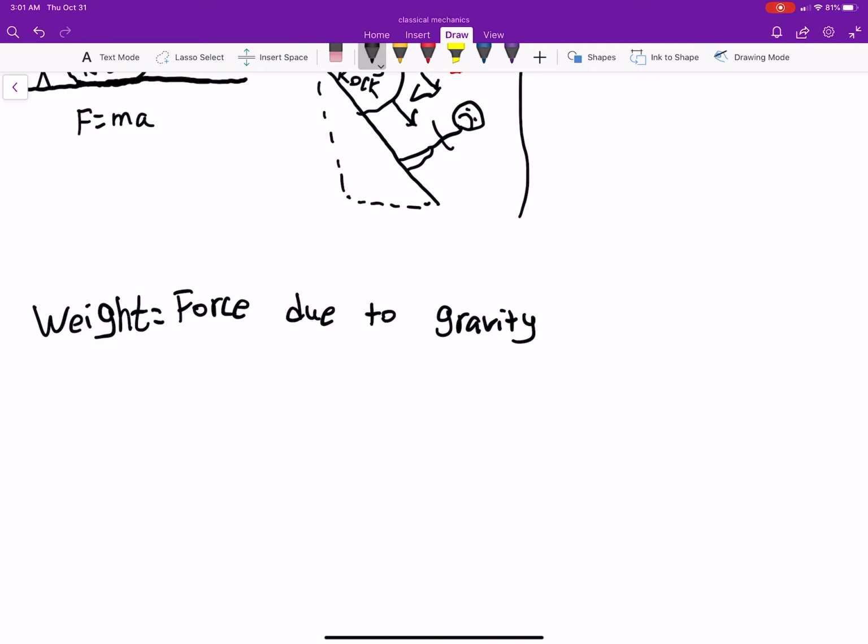So we have a gravitational mass, a gravity mass, and we have an inertia mass.